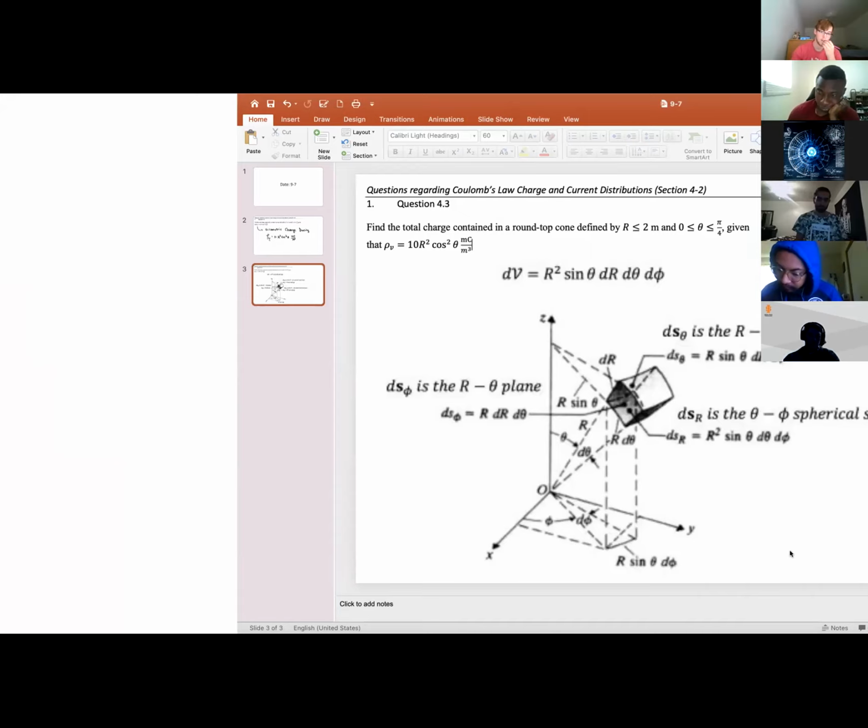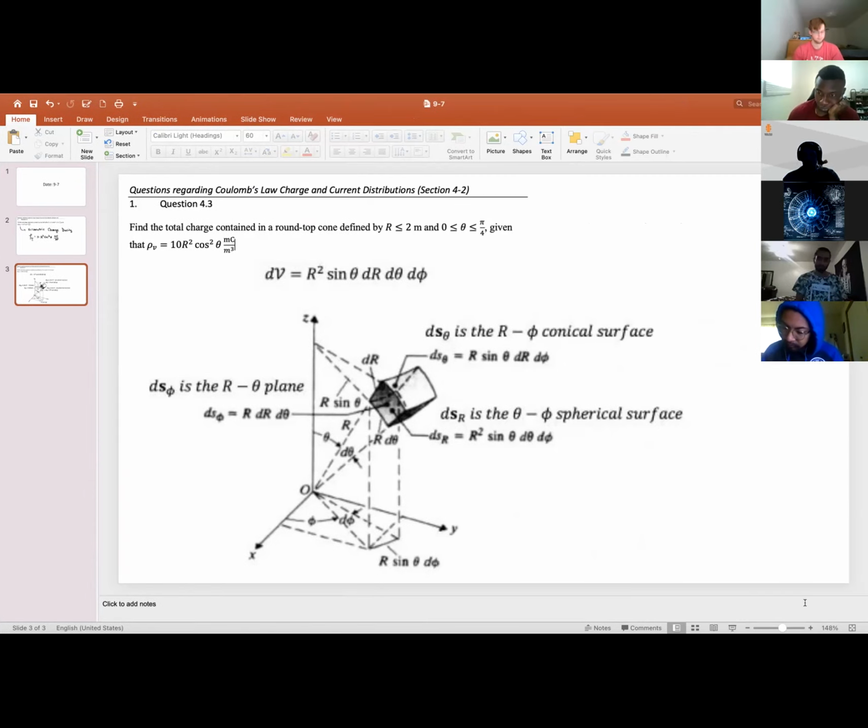How about Cade? Have you sketched the round top cone? No, still working on it. Okay, what do you think? What does it mean with the round top part defined by r less than or equal to 2 meters? What does that part mean?